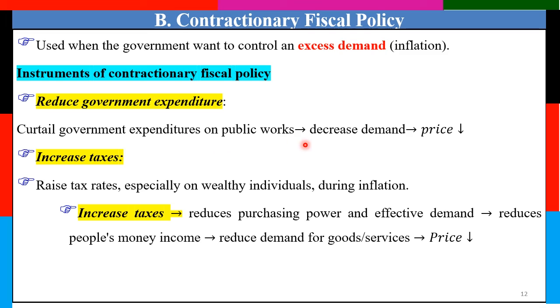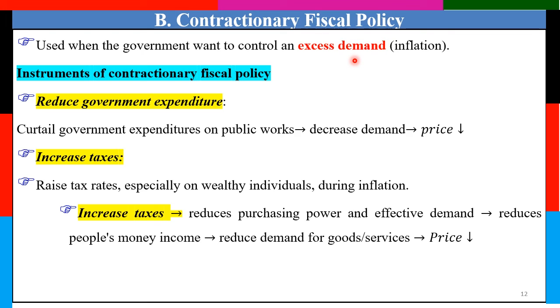Reduced expenditure means a decrease in the aggregate demand, because as you know, the formula of the aggregate demand is equal to consumption plus investment plus government expenditure plus net export. Therefore, a decrease in government expenditure means a decrease in the demand. This is how the government overcomes the problem of inflation or excess demand.